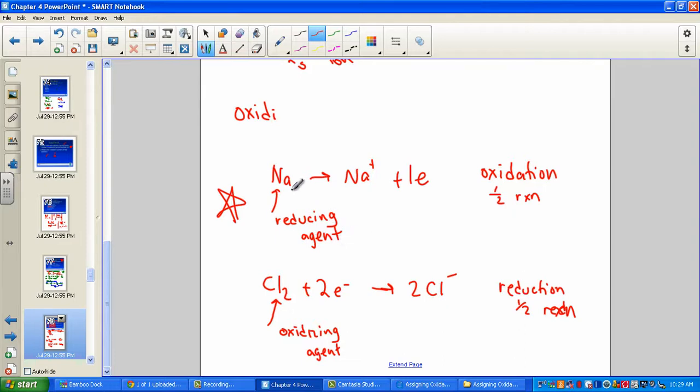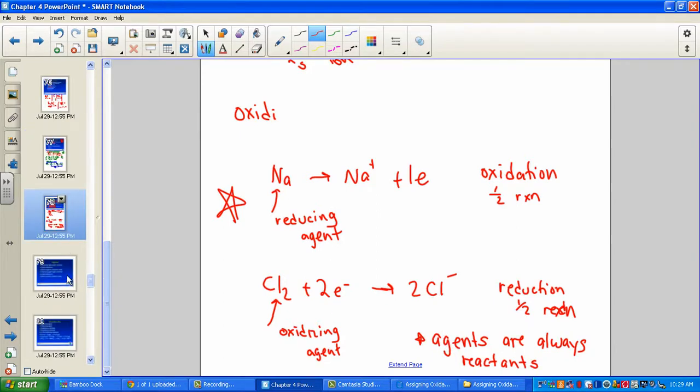The reducing agent is the substance that was oxidized. The oxidizing agent is the substance that was reduced. By the way, another good note: agents are always reactants. Let's go on and take a peek at the next slide.